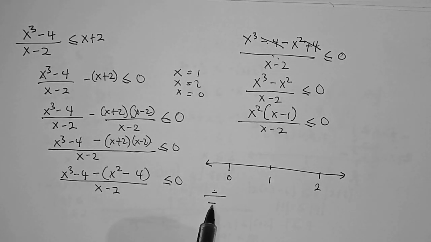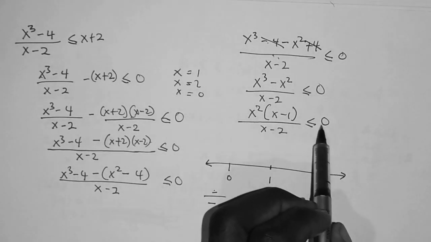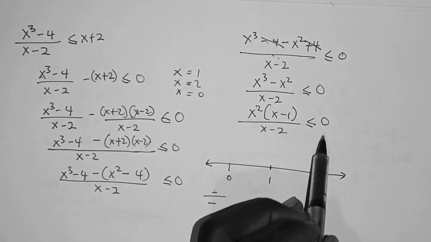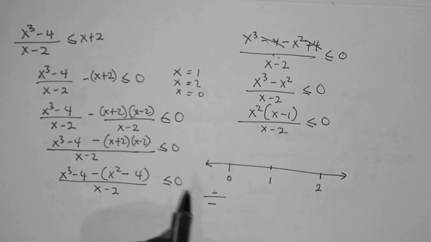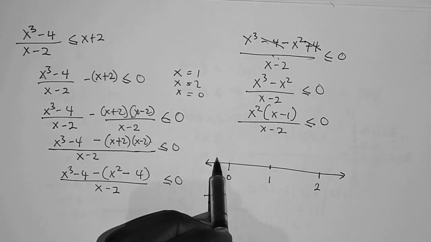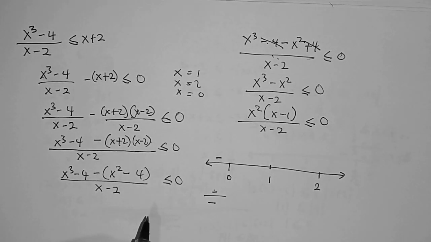A negative number divided by a negative number is a positive number. However, remember that we are looking for values which are 0 or less than 0, in other words, negative values. So this region is not one of the required regions.